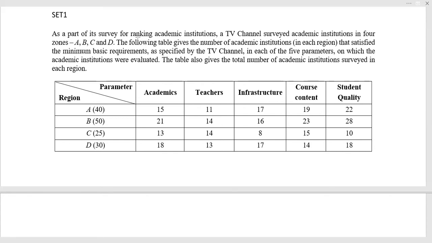As a part of its survey for ranking academic institutions, a TV channel surveyed academic institutions in 4 zones. A, B, C, D, these are the 4 regions.